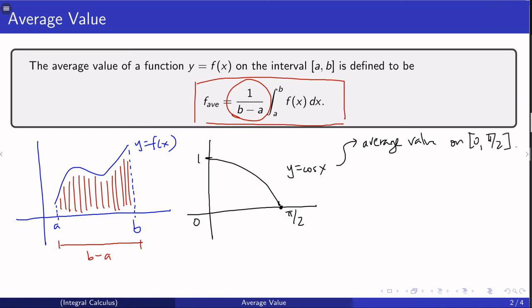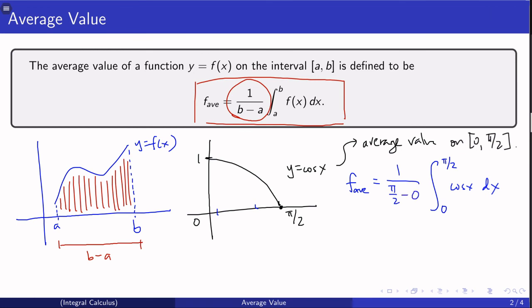Okay, so what do we actually get here? Using the formula, again, think about this integral as adding up these infinitely many objects, right? And 1 divided by the length of the interval, pi over 2 minus 0, corresponds to dividing by how many objects you have, right?